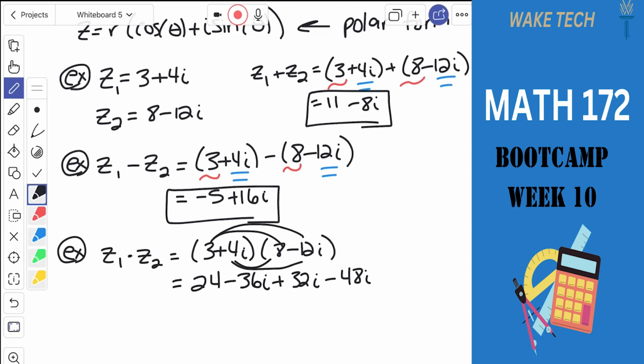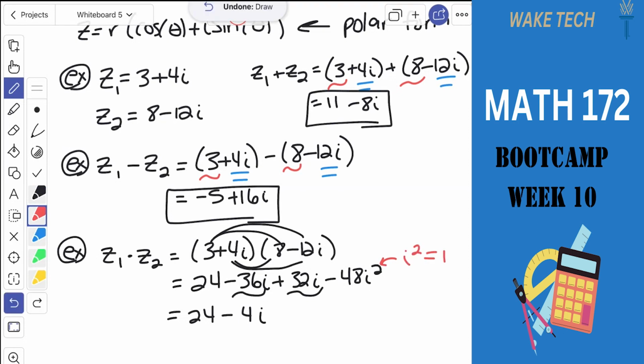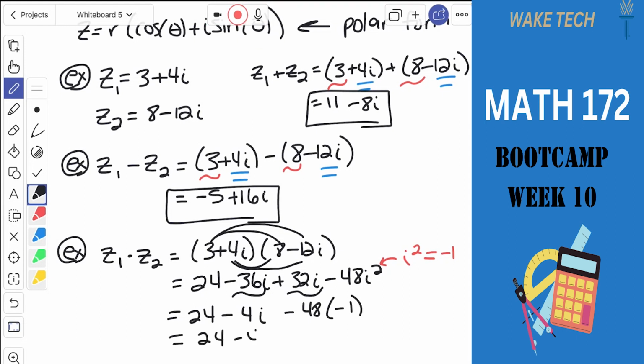There's several things we can do to simplify this. We can combine like terms in the middle. Negative 36 plus 32 is negative 4. And remember, thinking way back to 171, i squared is equal to negative 1. So really what we've got there at the end is negative 48 times negative 1, which is really plus 48.